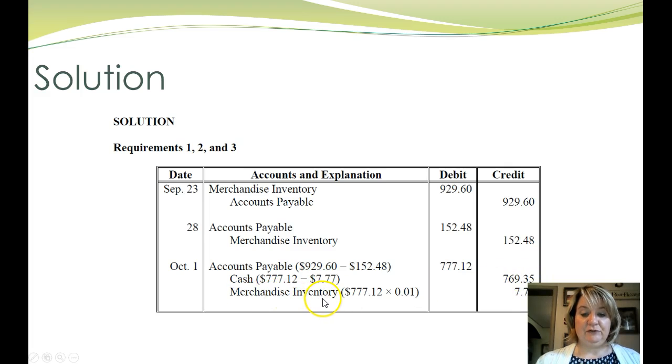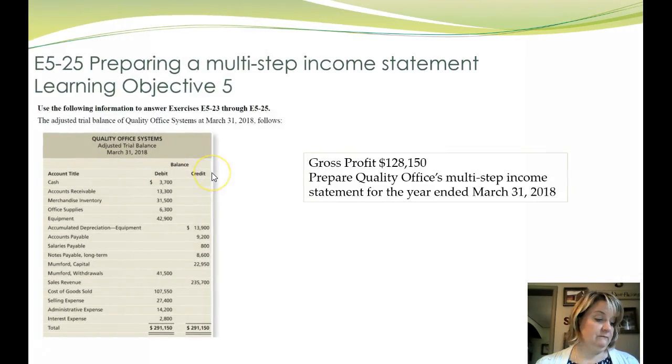Your merchandise inventory, $777.12 times 1 cent equals $7.77. So that's all. These are your solutions. These are the entries that would be made for the purchase transactions from the invoice to Kingston Tires.